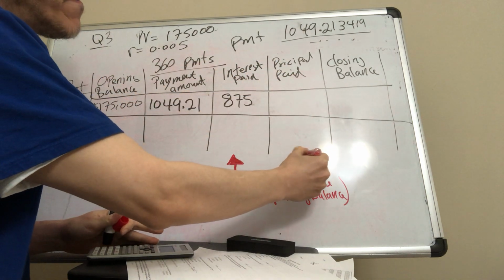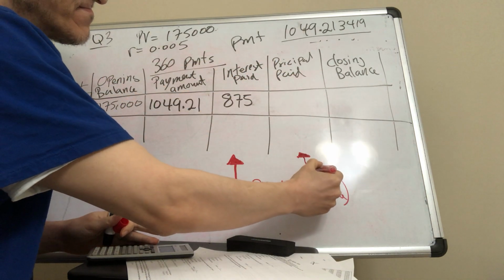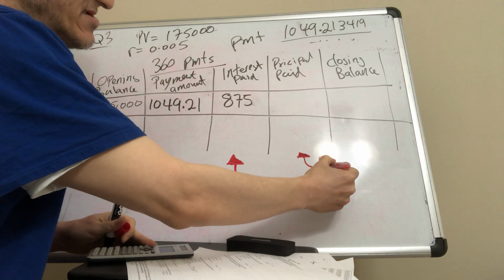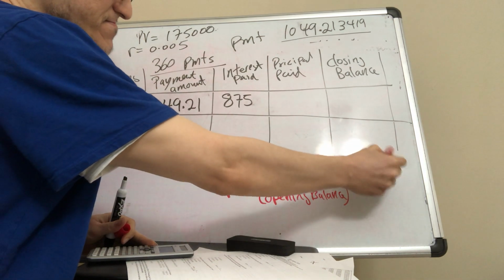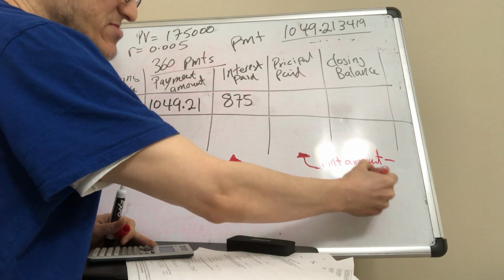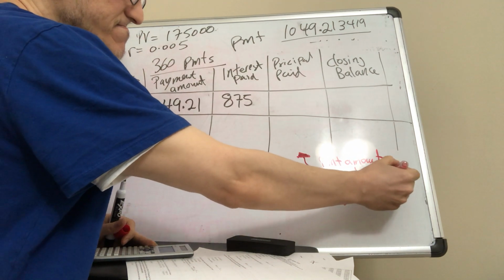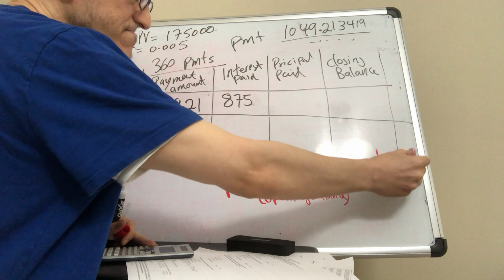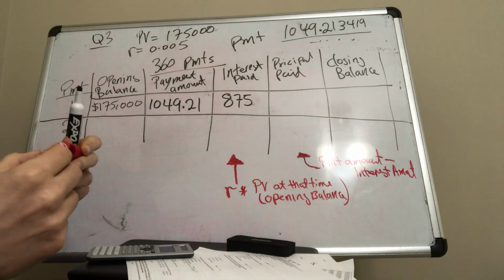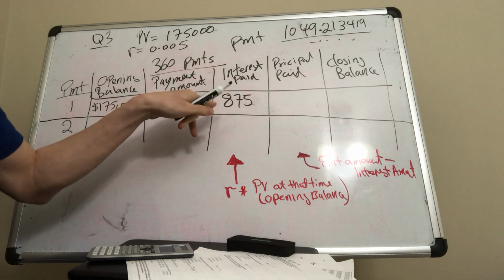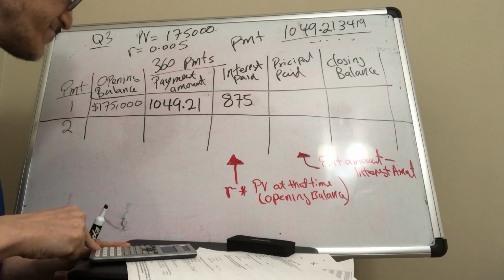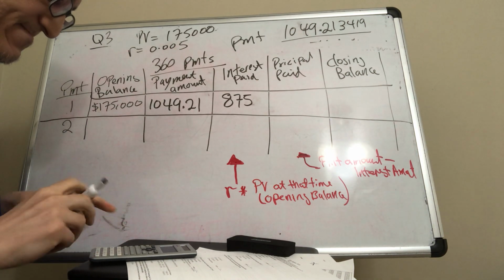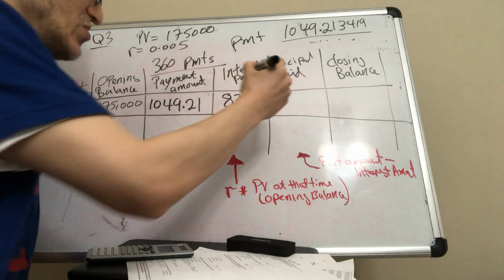Principal paid is your payment amount minus interest amount. The difference between these two is $174.21.